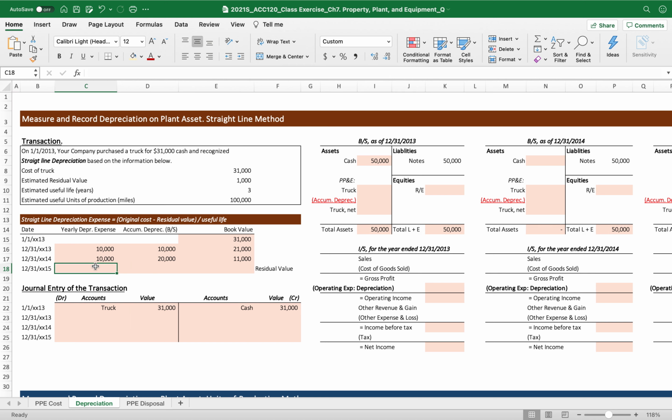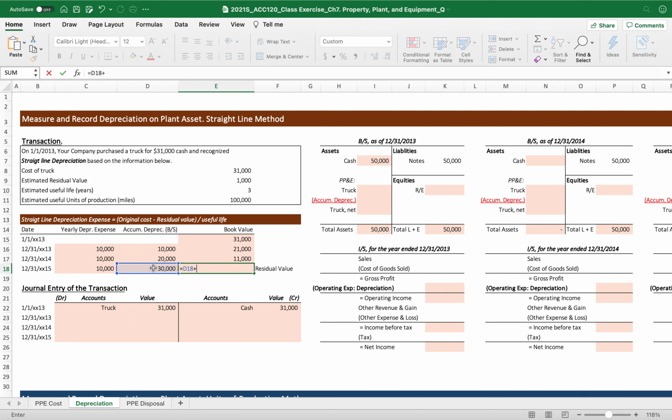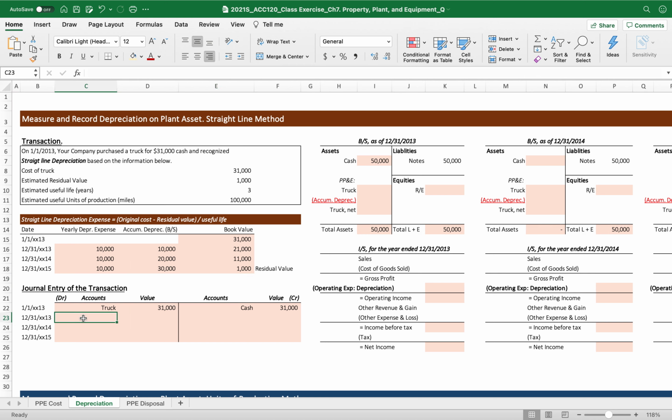Then yearly depreciation expense, again $10,000. Then this $10,000 depreciation expense is accumulated into the accumulated depreciation. And then the residual value should be the same as the difference between 31,000 original cost minus accumulated depreciation. So $1,000.